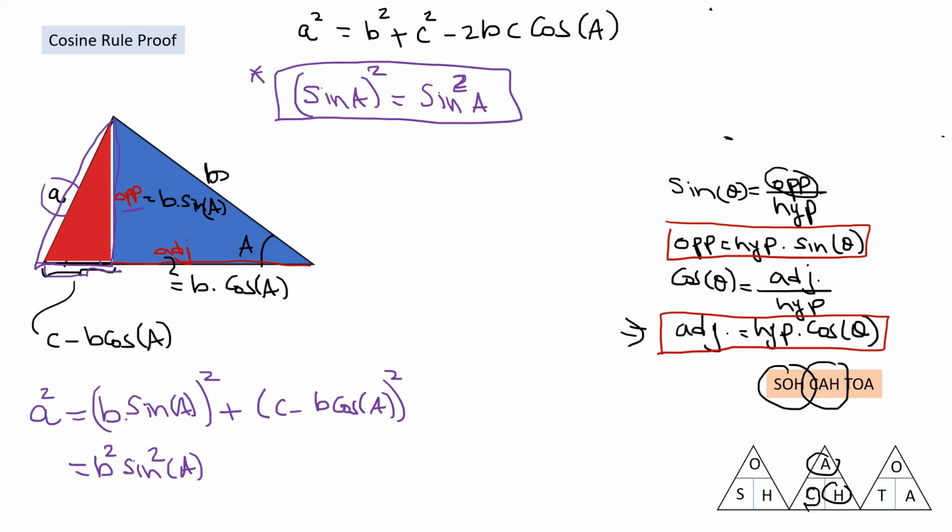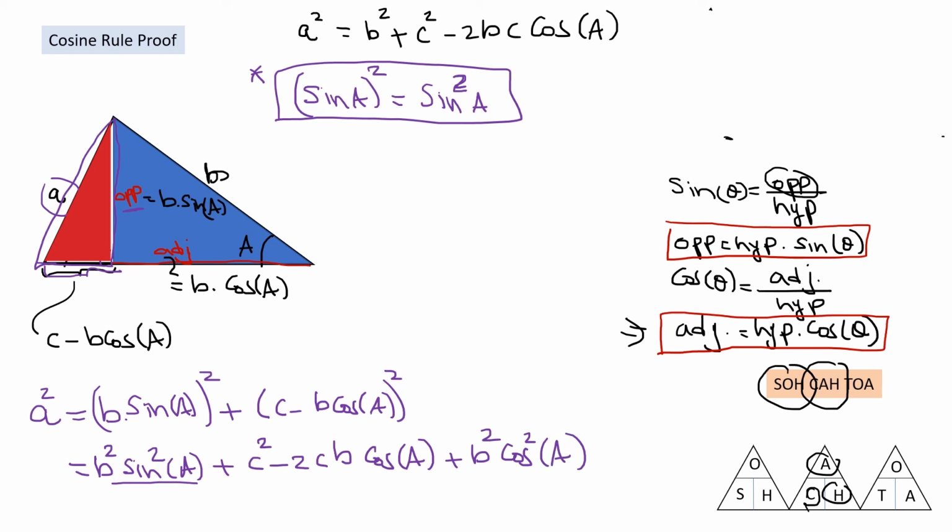Coming back to this one: b squared sine squared A, plus, if we expand this, c squared minus 2 times c times b cos A, and squaring the second one would give plus b squared cos squared A.